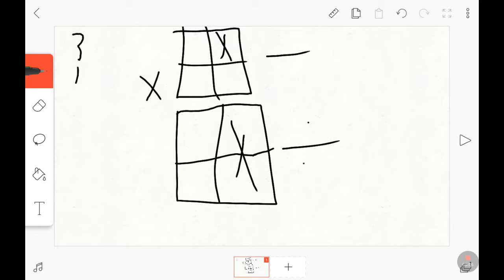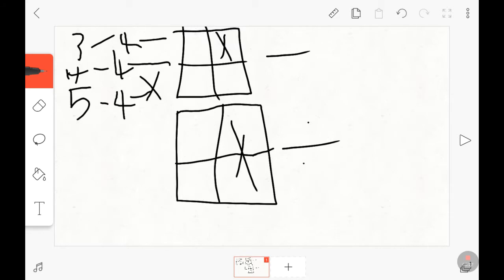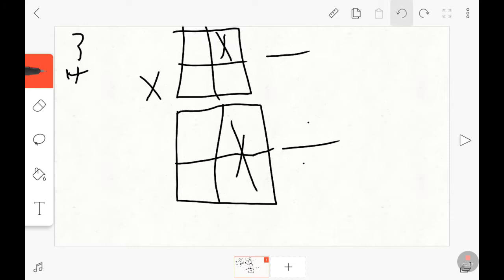Scenario 1, scenario 2, and scenario 3. If you have a number bigger than the other number, that means it's not correct. Other ways can be correct.